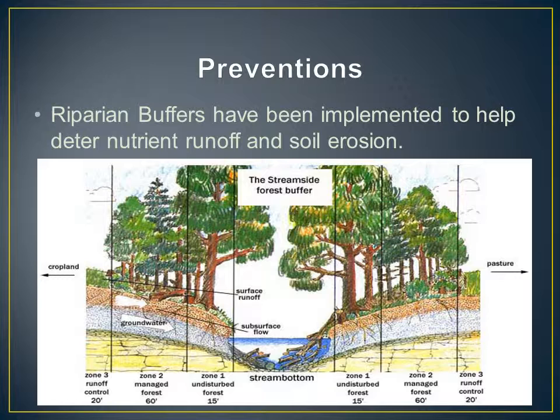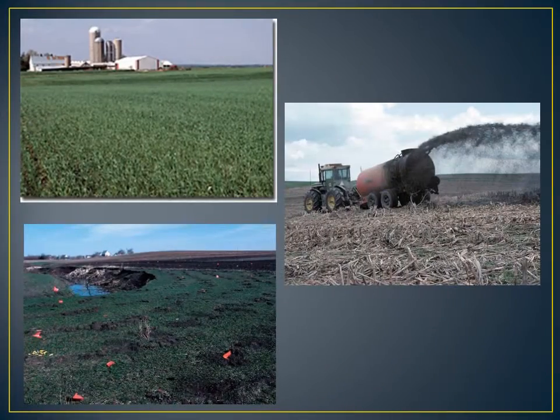Most notably of these is the CREP program in Maryland, where farmers are offered money to create their own riparian buffers. The CREP program, or Conservation Reserve Enhancement Program, can extend from 10 to 15 years to compensate farmers on a yearly basis.